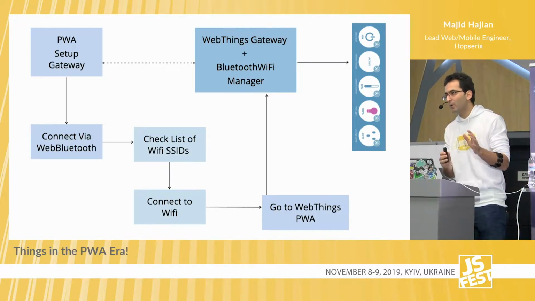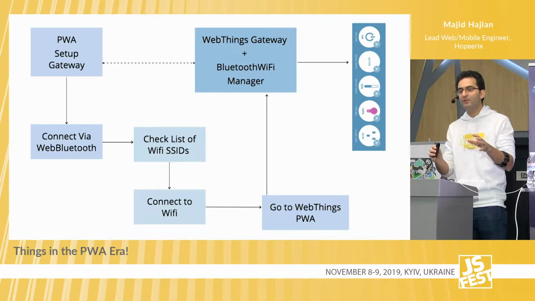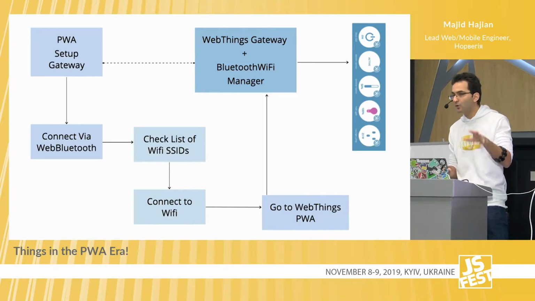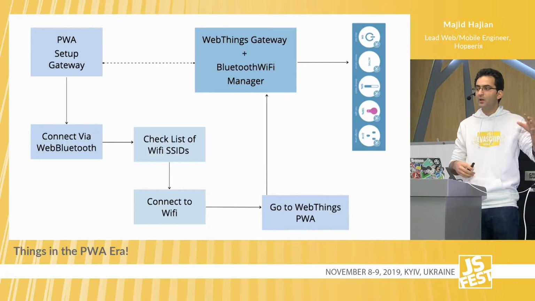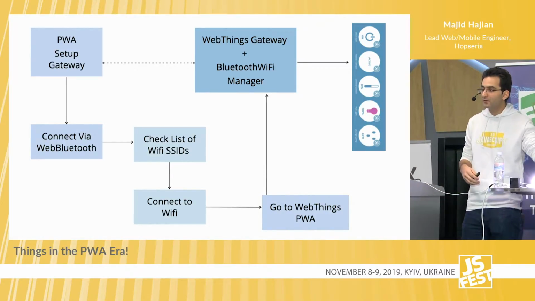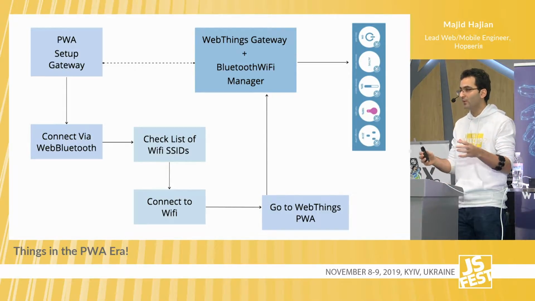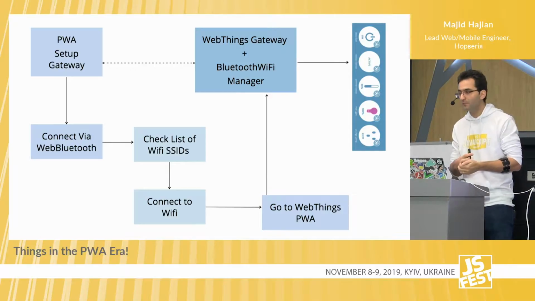How does this gateway work? The gateway needs to have a local network. So your app, your mobile or your computer, and the hardware, this gateway, need to be on the local network, right?